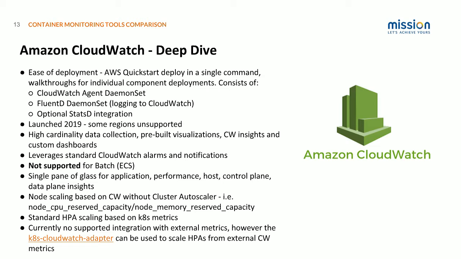But with this, we can just simply set alarms. I have used in the past the node CPU reserved capacity or the node memory reserved capacity. And as long as you have an existing scaling policy to attach to that alarm, you're able to start scaling the cluster without having to do anything within kubectl.